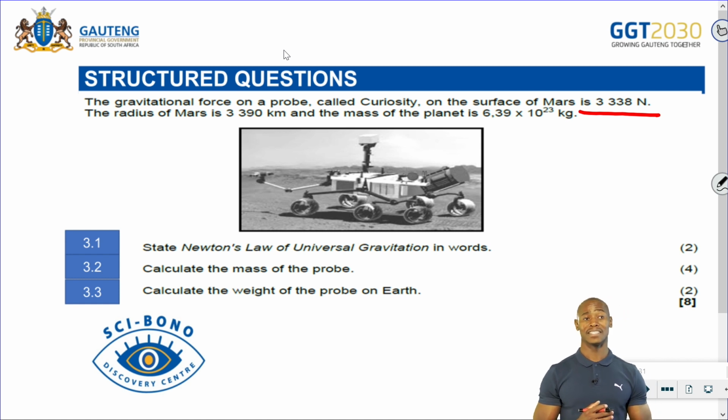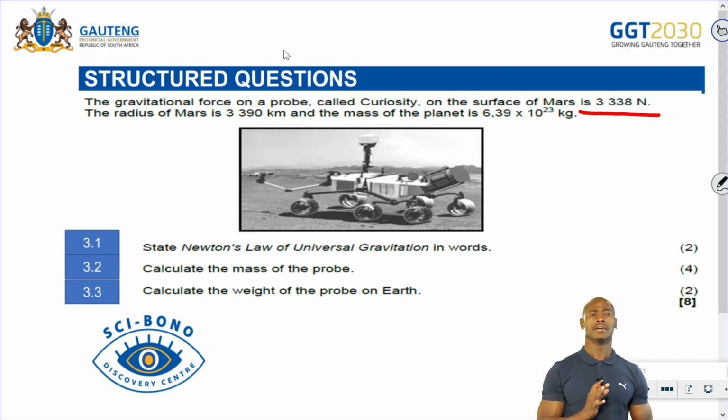So we are given the radius, 3,390. For us to get the mass, let me just check something here.